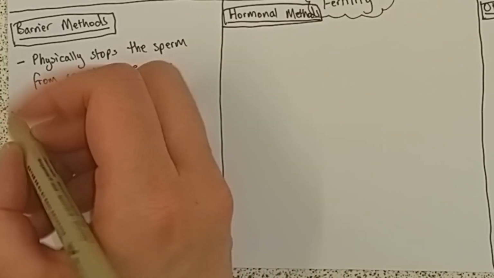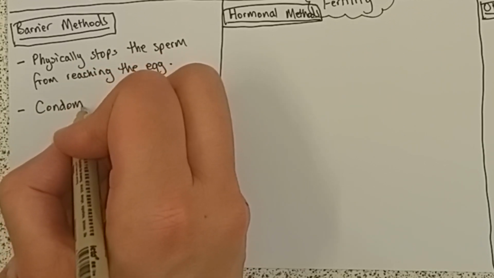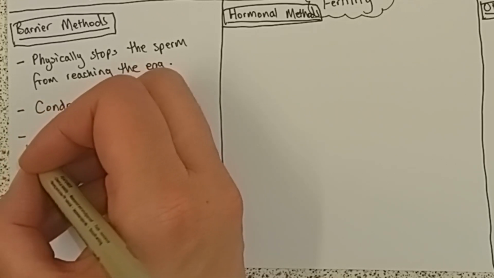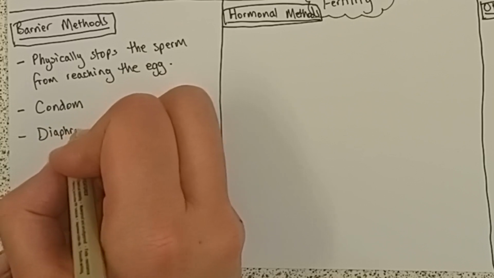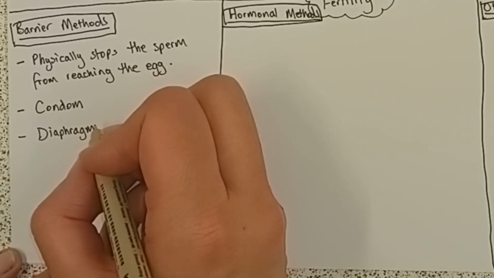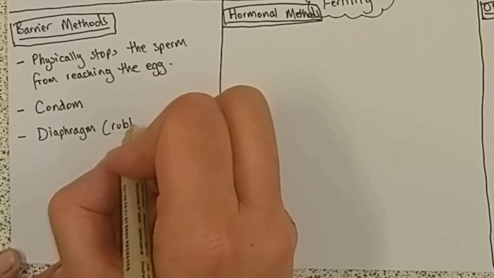The best example of a barrier method is a condom. Another example, although nowhere near as effective, is a diaphragm, which is like a little rubber cap that goes over the cervix in the woman.